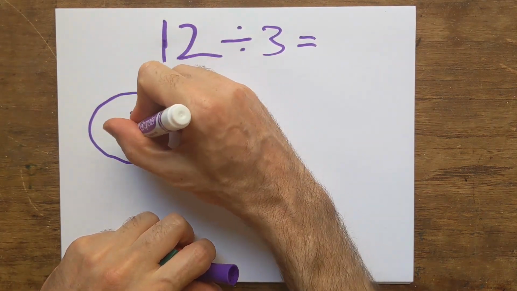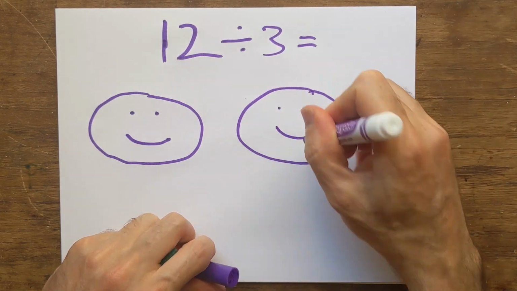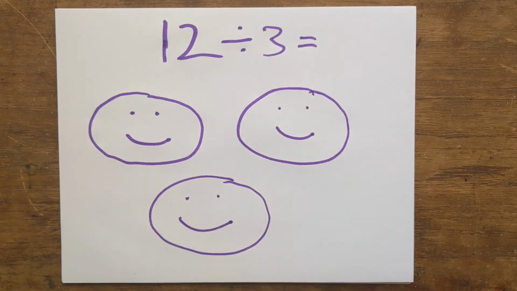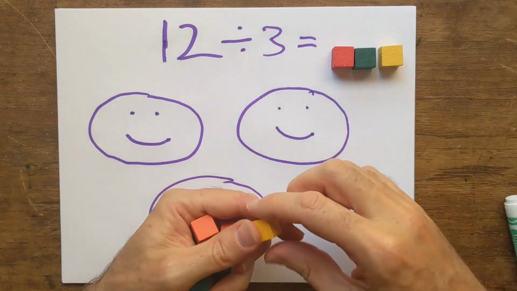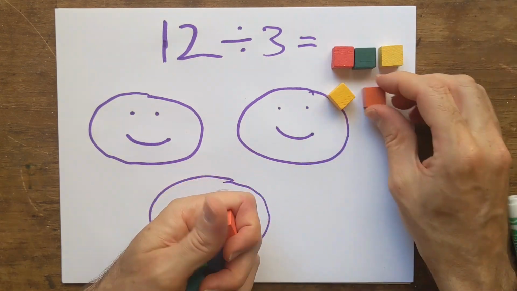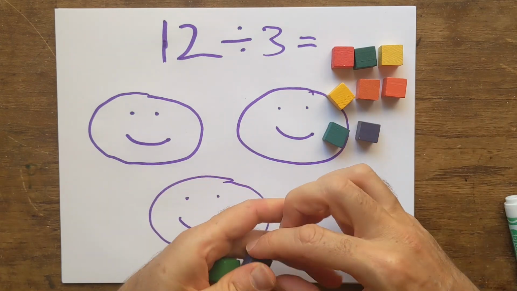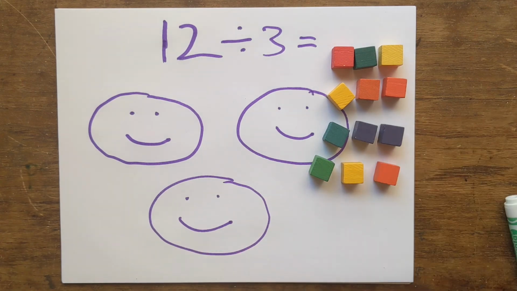And this time I'm going to give them faces so that you know that they're people. 1 person, 2 people, 3 people. And then we're going to count 12 crackers. Ready? 1, 2, 3, 4, 5, 6, 7, 8, 9, 10, 11, 12.